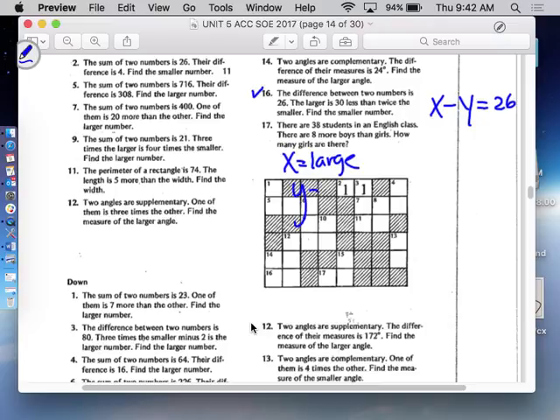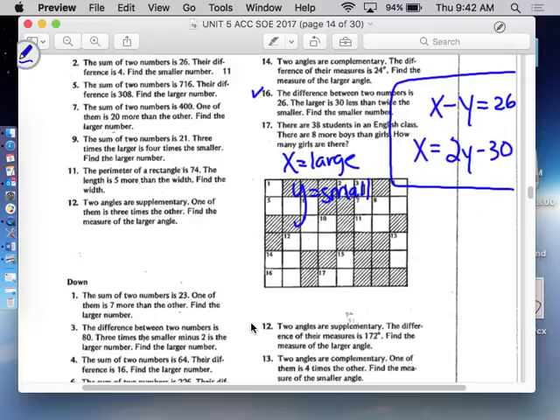In some of these, you do need to decide which is large and which is small during the setup process. Then it goes on to tell us that the larger is 30 less than twice the smaller. So here's twice the smaller, 30 less. And then that becomes your system for solving.